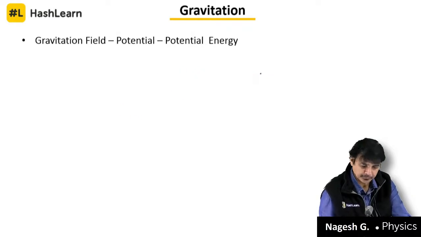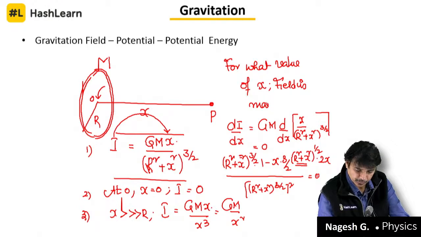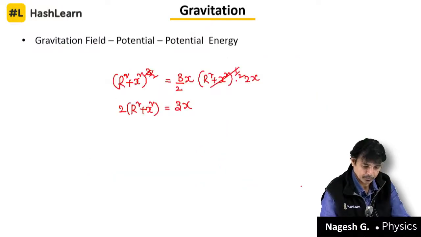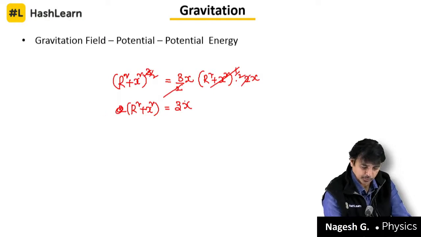When you observe, this term will be equal to 0. (r square plus x square) whole to the power of 3 by 2 is equal to 3 by 2 into 2x. This will vanish. So r square plus x square will be equal to 3x square.